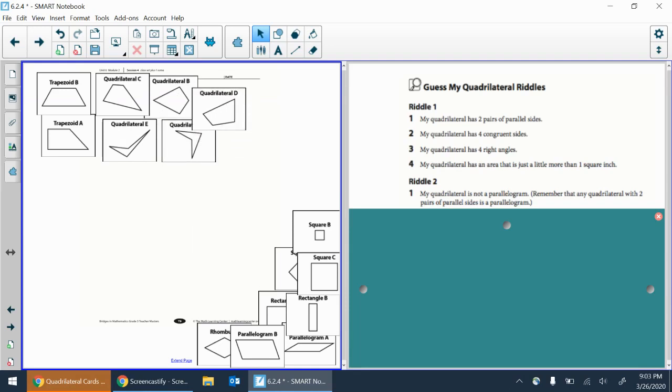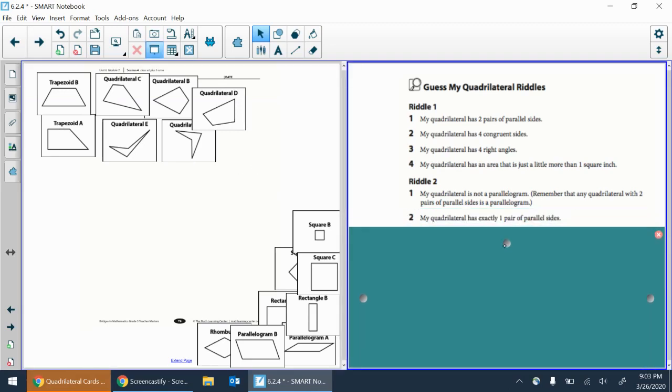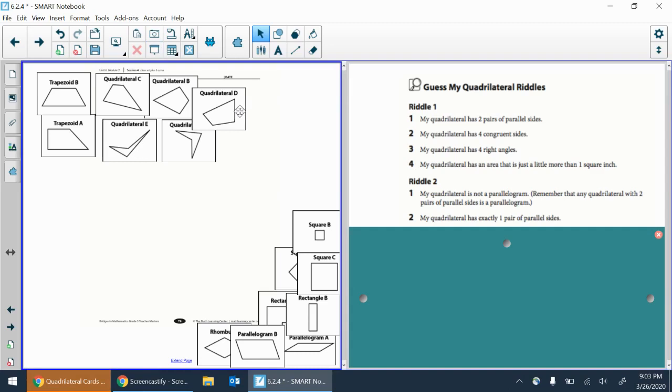Okay, so I'm going to ignore my shapes that are down in the bottom, and I want to look at only the ones on the top here for my next clue. My next clue is my quadrilateral has exactly one pair of parallel sides. One pair of parallel sides. Does quadrilateral D have any parallel sides? No. Bring him down here.